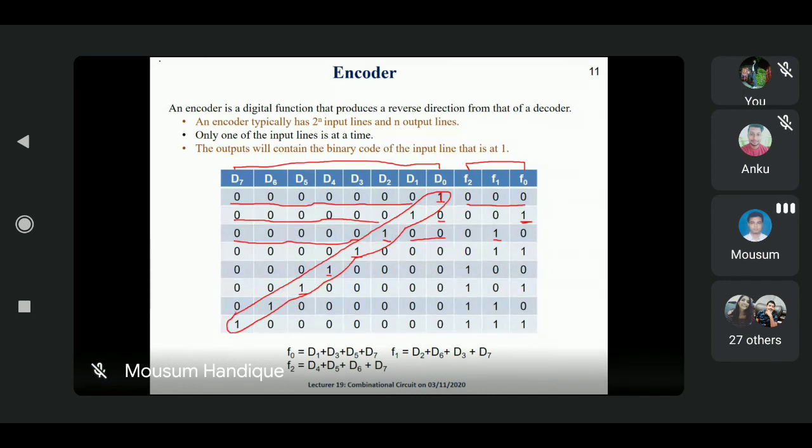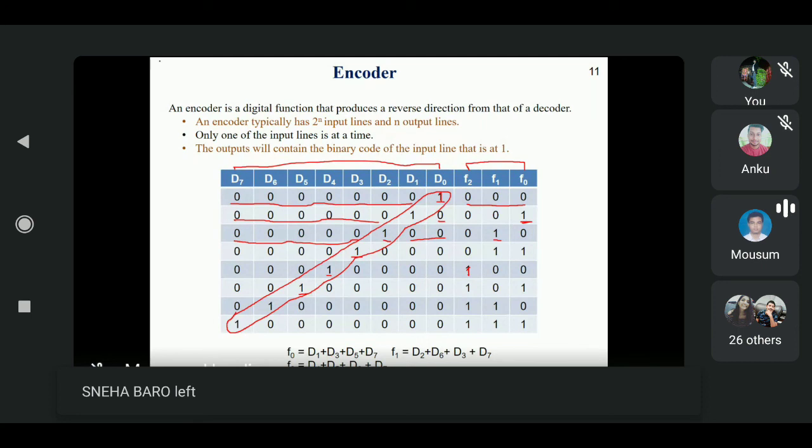Now see here, when F2 is generated, that means where F2 is 1, it is when D4 is active. So here I am writing this is D4. Again, this one is 1, and in parallel, which column is it? It is D5.